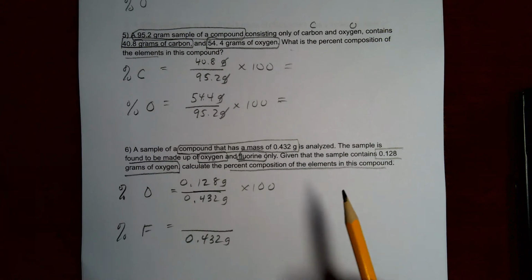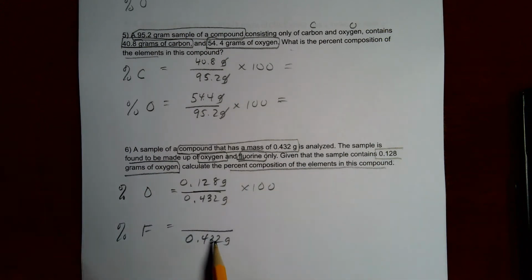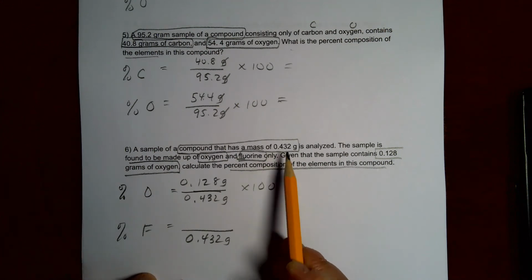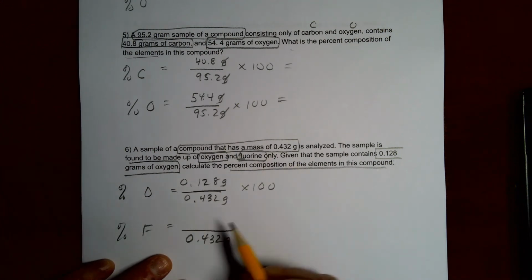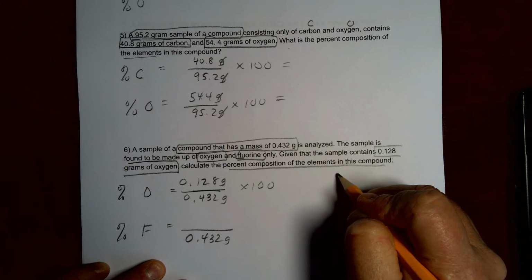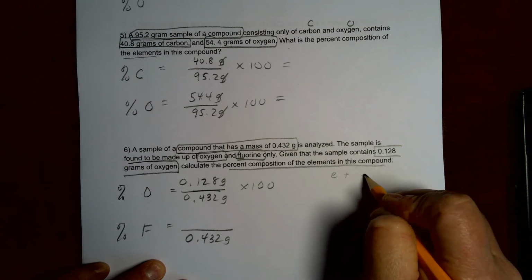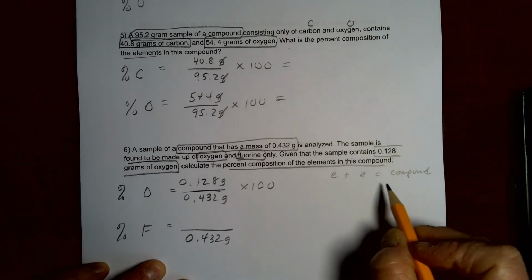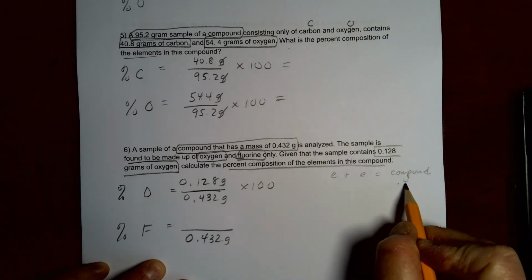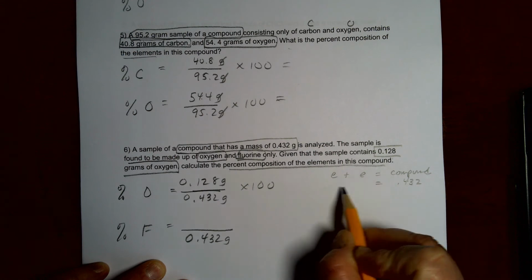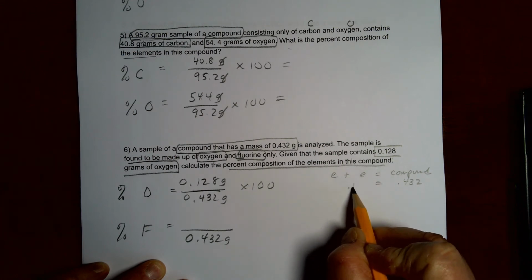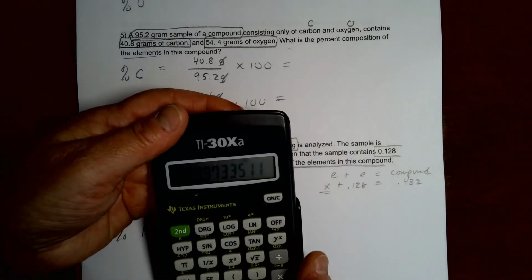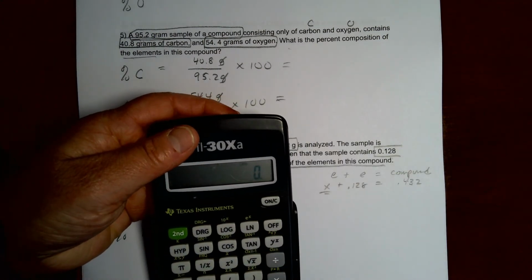All right, and so there's a couple different ways you could do this. Because the compound contains only fluorine and oxygen, remember conservation of mass, element plus the element equals the compound, right? And so if the compound is 0.432 grams, and we know that one of the elements is 0.128, then we can easily figure out what that other element mass would have to be.